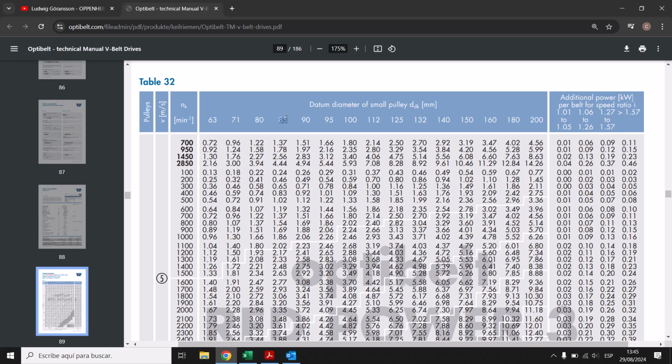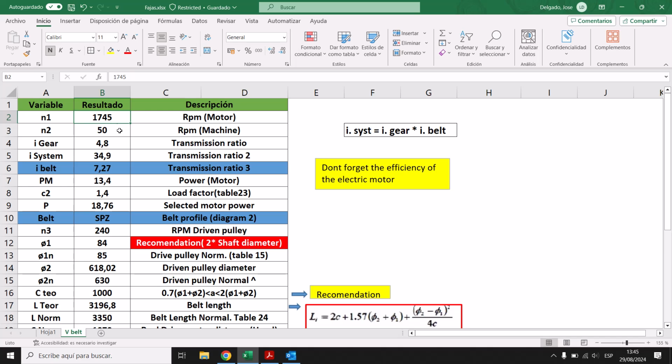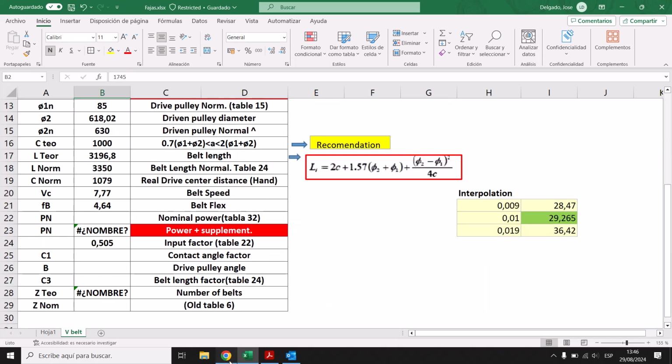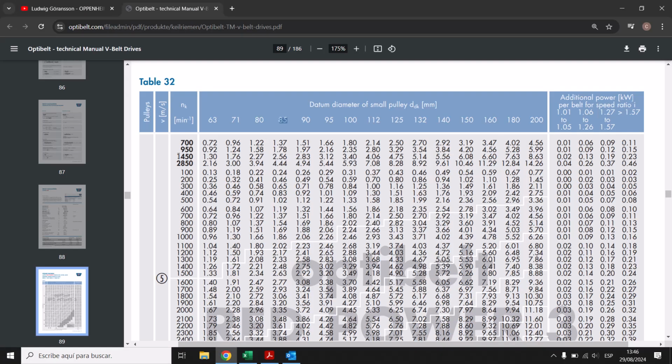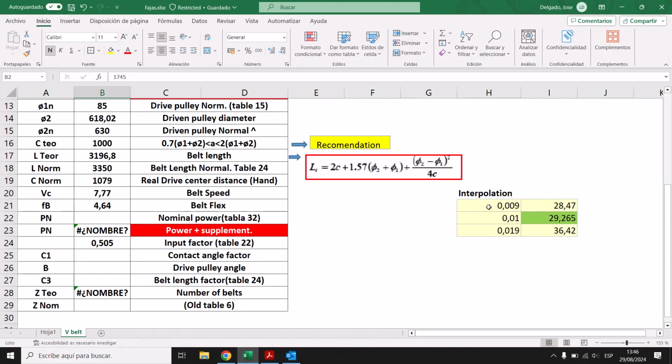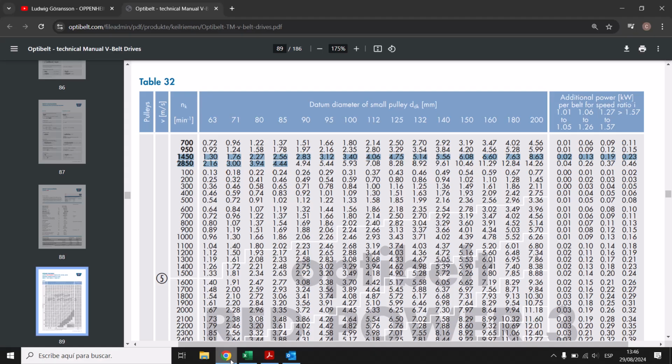So it's here. As you can see, we have 1745 RPM. It's not here, it's between these two, and we are here. So we should interpolate also. Just put this, that's the reason why I have this information here. And the next number is 2000.